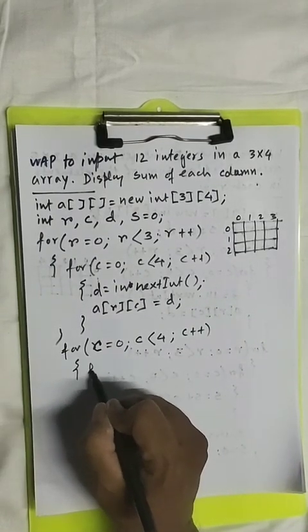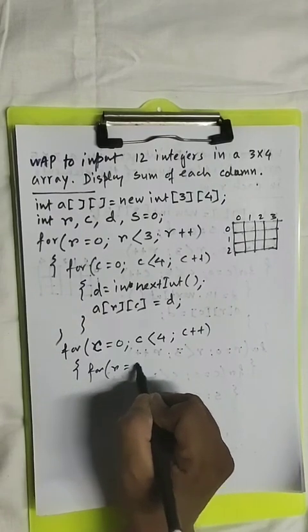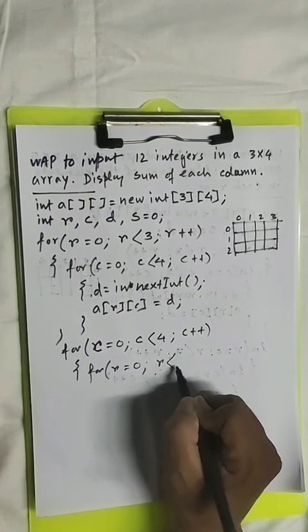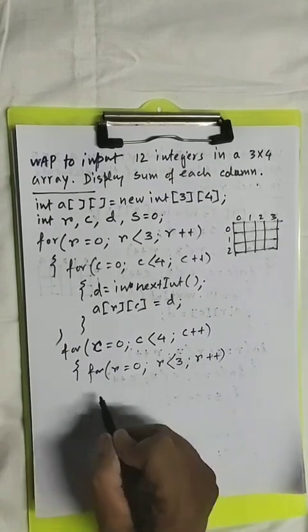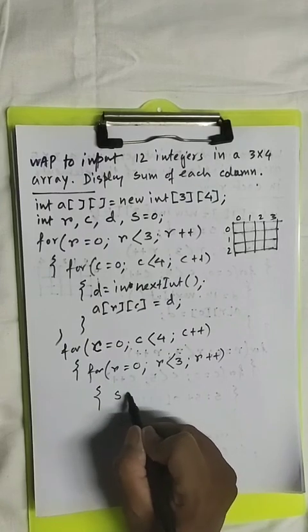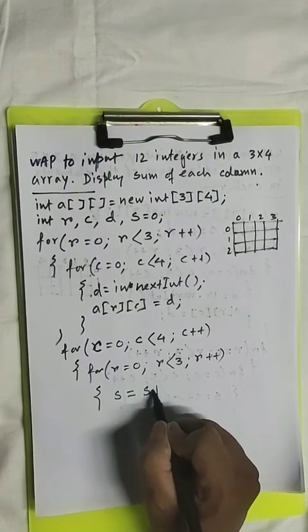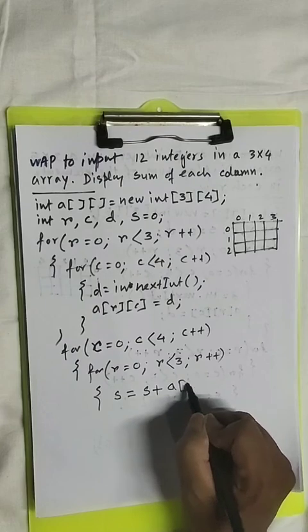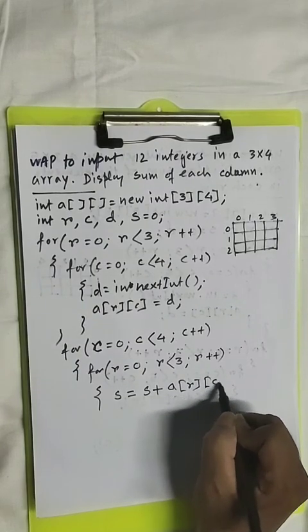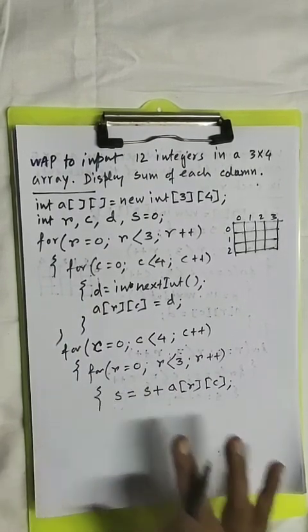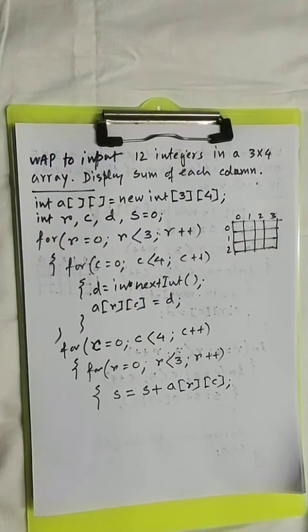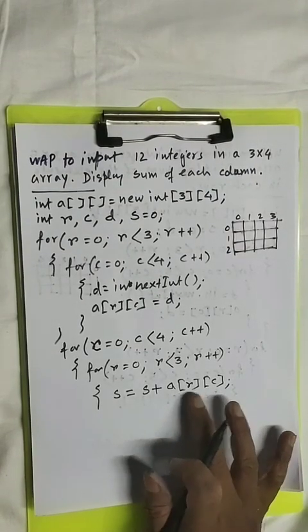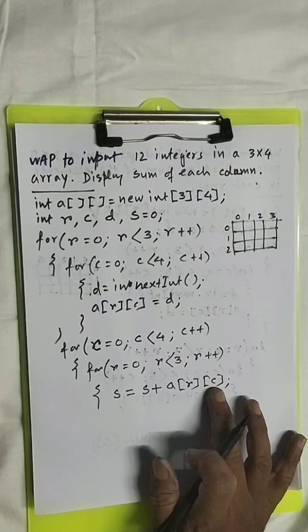Then for r equal to 0, r less than 3, r plus plus. s equal to s plus a[r][c]. Here r is changing since it is inner loop and c is remaining fixed since it is outer loop. So r,c means 0,0 1,0 2,0.